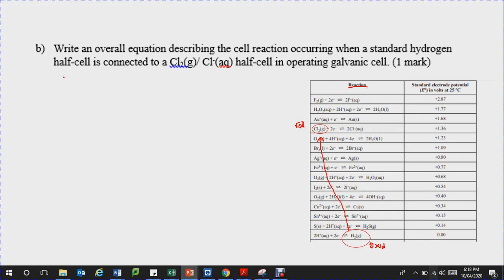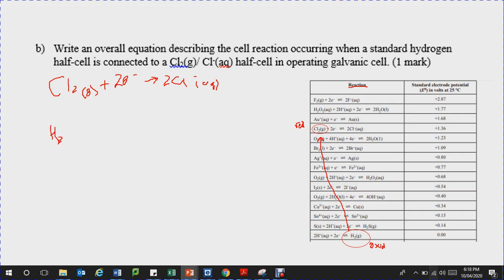So I know I've got my Cl2 gas plus 2 electrons, it's undergoing reduction, and it's forming 2 chloride ions. Then we've got our hydrogen gas.